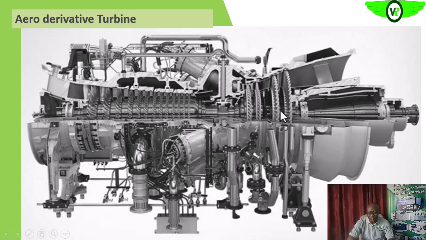So these two turbines are aerodynamically coupled, because the hot combustion product coming from this stage, this one is meant to turn the compressor to generate the compressed air that we need.